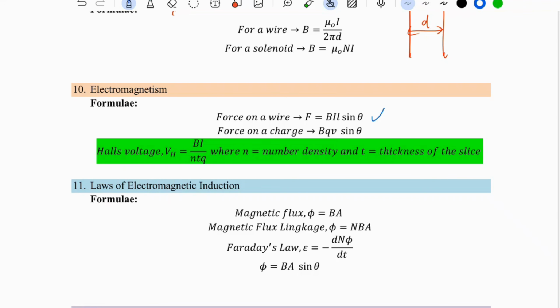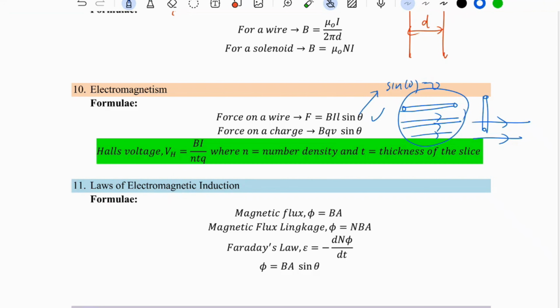If your magnetic field is this way, and your wire is also this way, you will not have a force, because you have no angle here. If they are perpendicular it's sine 90, but if it's parallel, it is sine 0, and sine 0 gives you 0, so you have no force. So be aware of that.